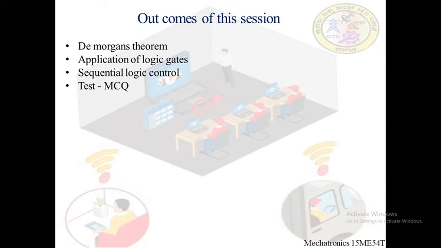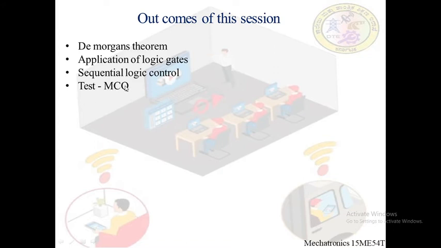In this class, we will be looking into De Morgan's theorem, which is an extension of logic gates itself. We will be verifying De Morgan's theorem or law, first law and second law. We'll be looking into a few more applications of logic gates, and finally we'll be looking into sequential logic control.